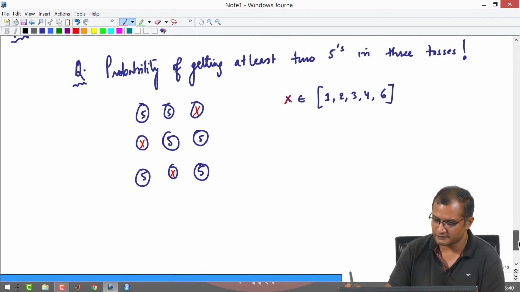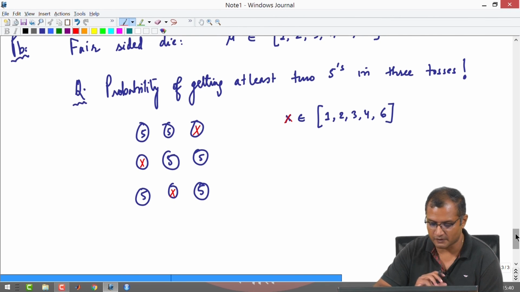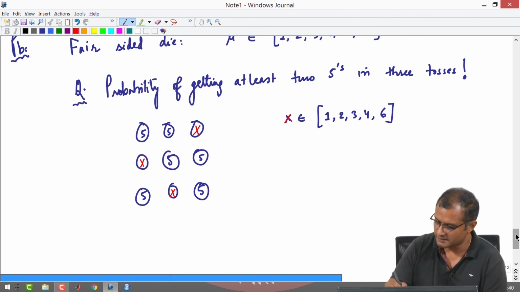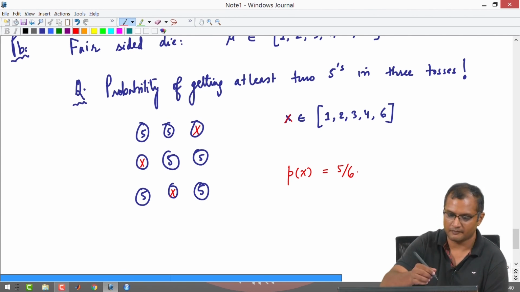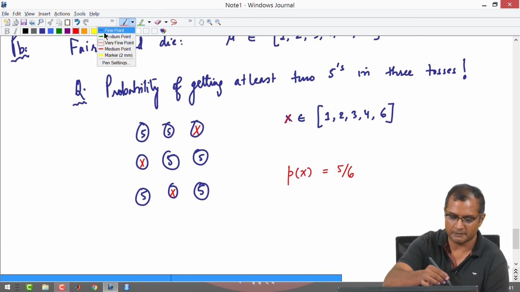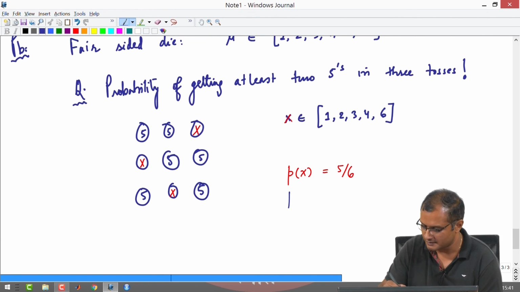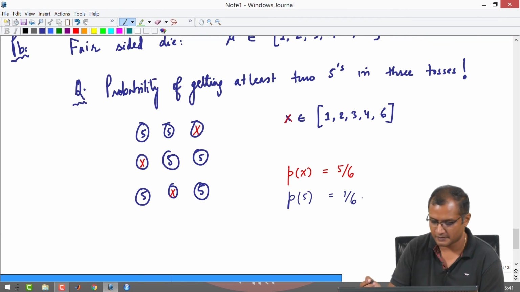So, the probability of getting 2 5s out of 3 tosses is, see, the probability of getting an x is basically 5 by 6, and the probability of getting a 5 is 1 by 6.